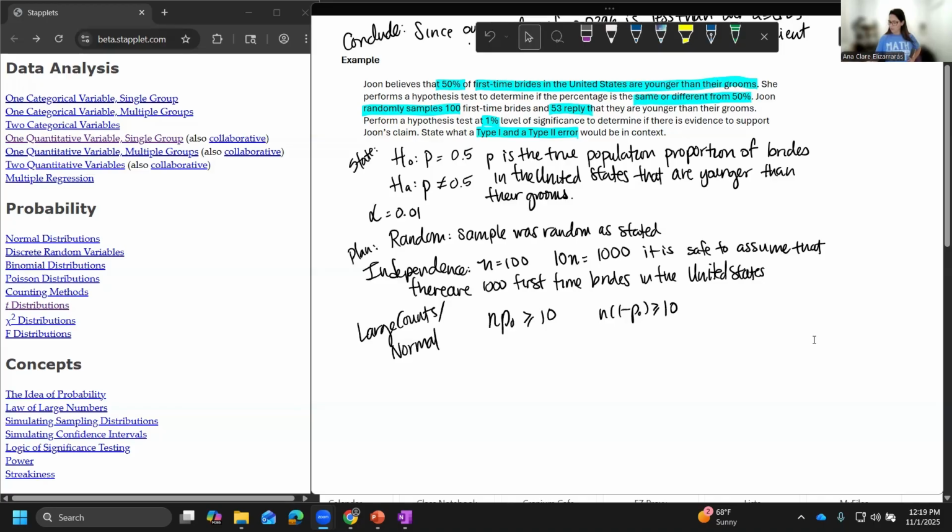Our sample size of 100 times our hypothesized value of 0.5 is 50. So successes of 50 are at least 10. 100 times 1 minus 0.5 also gives us 50. So both successes and failures are at least 10. So now we can proceed.